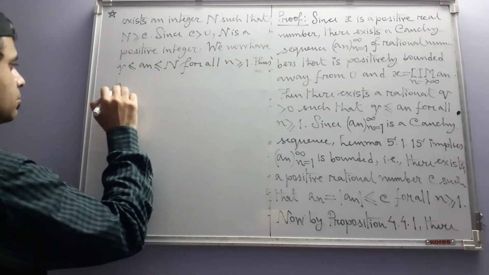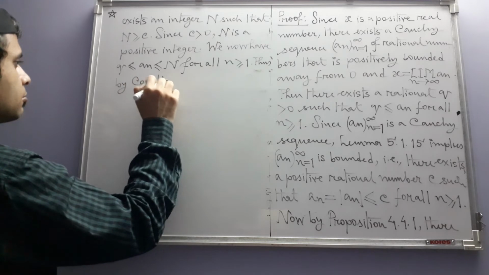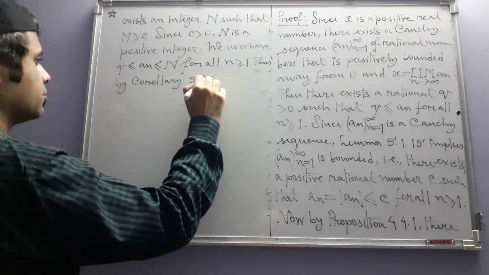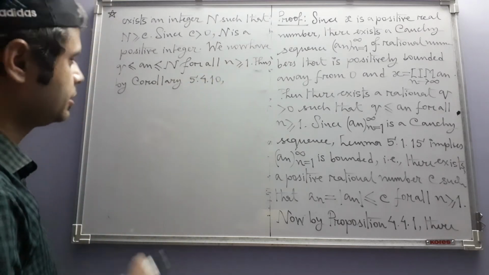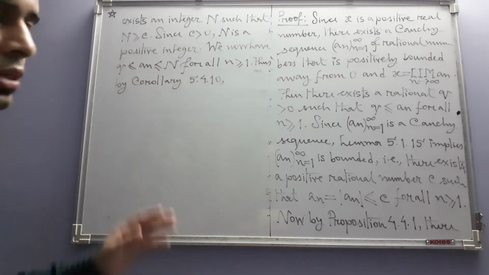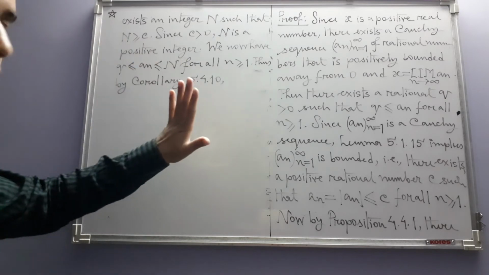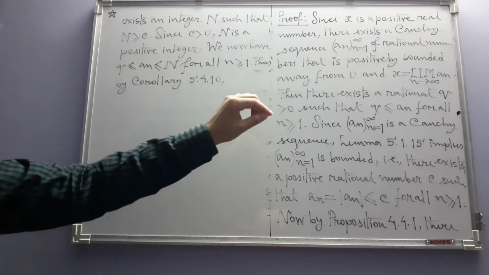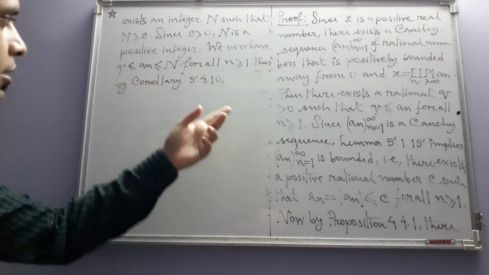Thus by corollary 5.4.10, which tells us that since these three are Cauchy sequences, a_n is a Cauchy sequence that is given to us, q is a constant sequence of rational numbers, so that is also a Cauchy sequence of rational numbers.